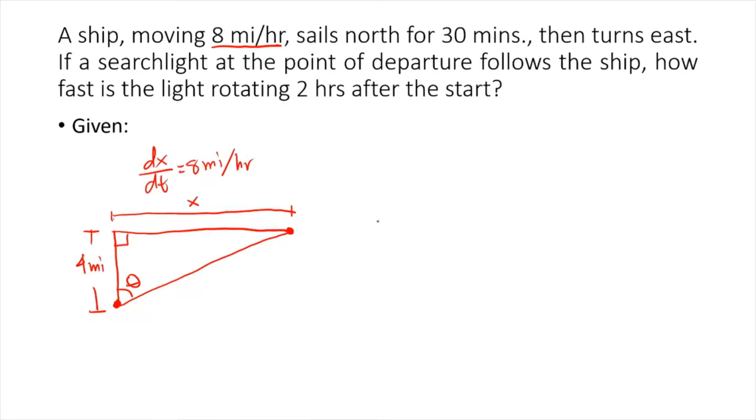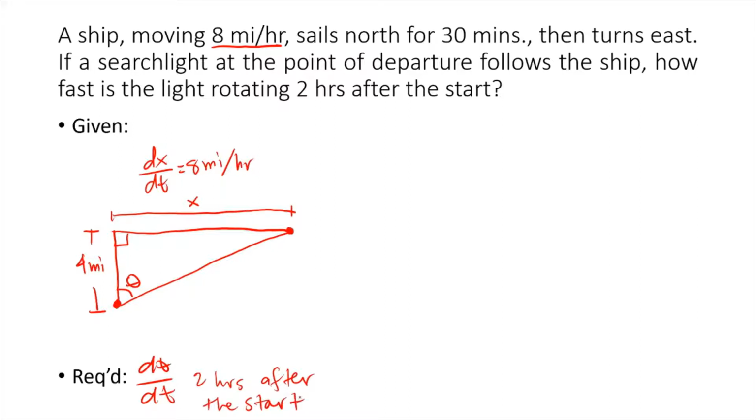The question is how fast the light is rotating. Basically, we want to determine the change in angle theta with respect to time. Okay, so that would be d theta dt, 2 hours after the start.